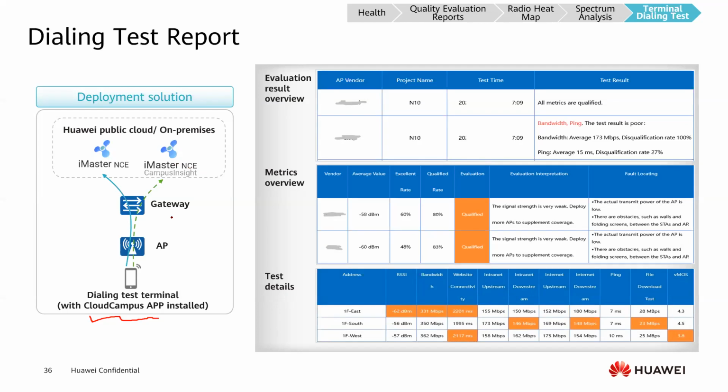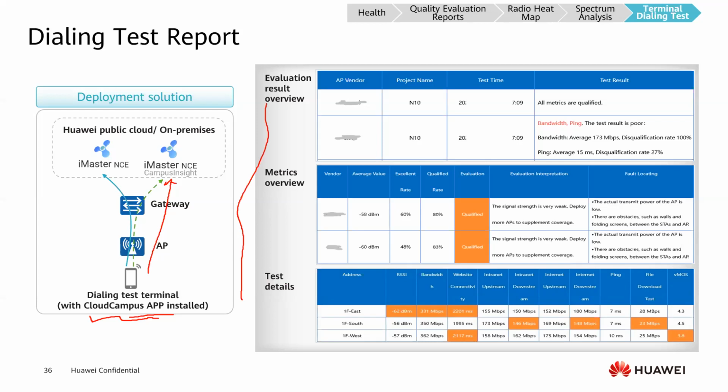That means they have the communication capability between each other. Then you can just use the functions on the Cloud Campus app. It will do the speed test and other tests, and then it will report the information to the Campus Insight. And the Campus Insight will display all of the test results to you. And also, you can download the test report, just like this.